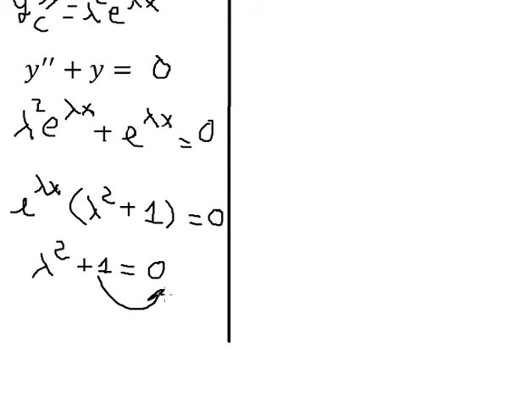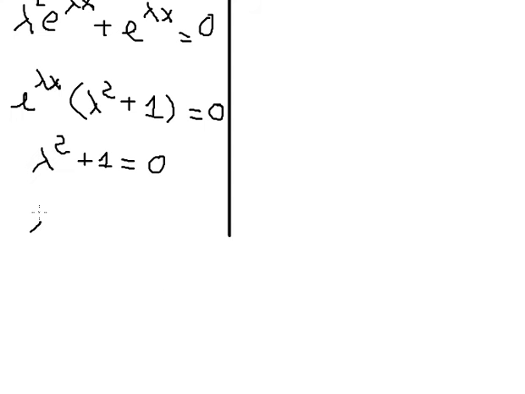So I will put number 1 going here. If we calculate this one, we have two solutions: lambda equals i and lambda equals negative i. This is the imaginary unit.